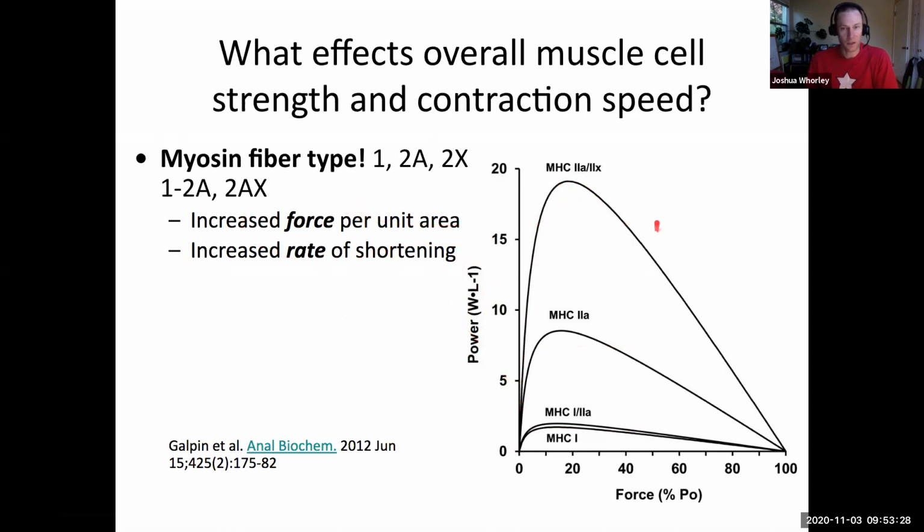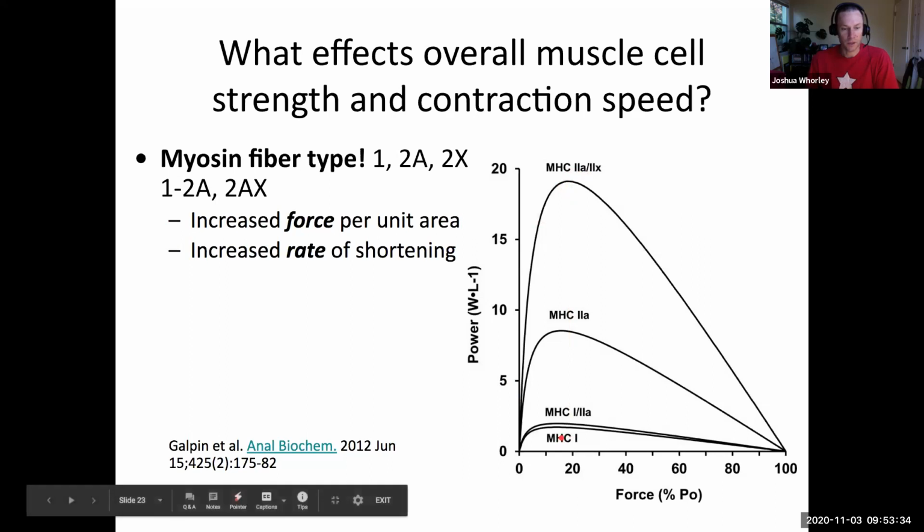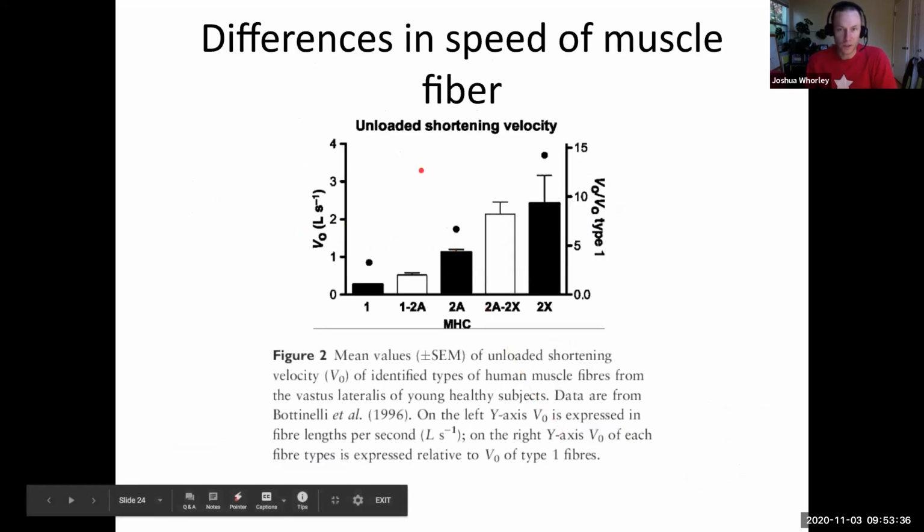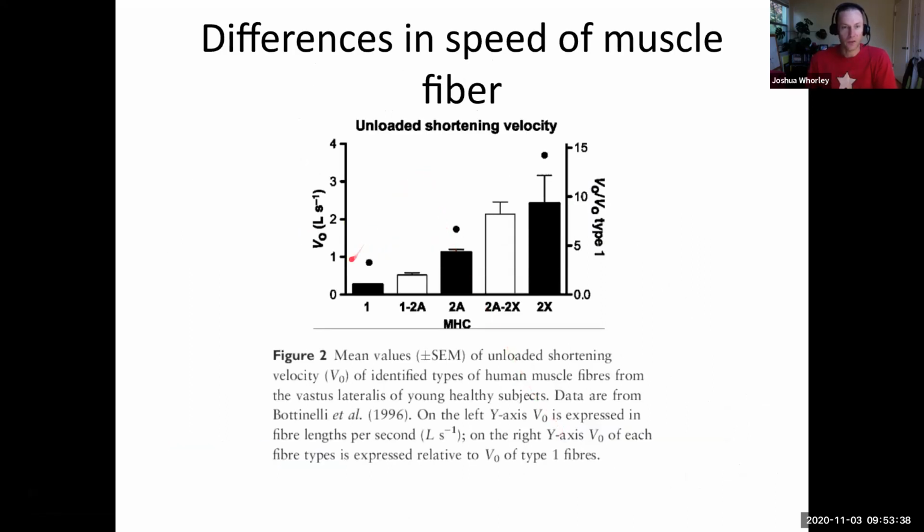So this is showing this incredible power and how rapidly it's produced in these fast twitch fibers versus these slow twitch fibers. And then this one is showing how rapidly they contract, where MHC is myosin heavy chain. That just refers to the globular head of myosin, right? And we said that's what makes these fibers type 1 or 2 or whatever.